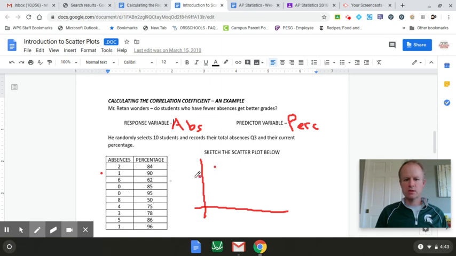You have another student with 0 absences that has an 85, so they would be, I'm going to change the color, right in here somewhere. And you have all these dots. This is not exactly what it looked like, but you get the idea. You could plot those points. So what we're wondering is, what kind of R value would this have, and how do we figure that out? I'm going to walk you through that process right now.